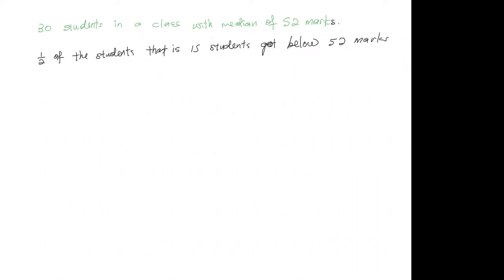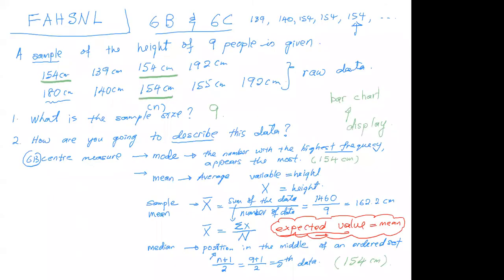Can or not? So that is how, when people describe a set of data to you without giving you the raw data, you don't see this. You only see all this. So that is called describing. Because all of us, we don't want to see raw data. So you must know how to describe your raw data by using these three. We call it the central measure.